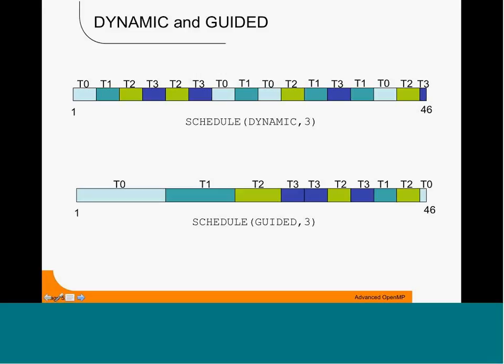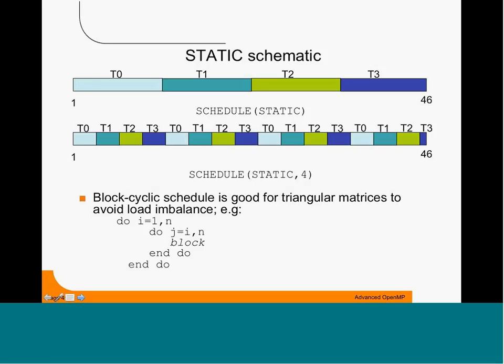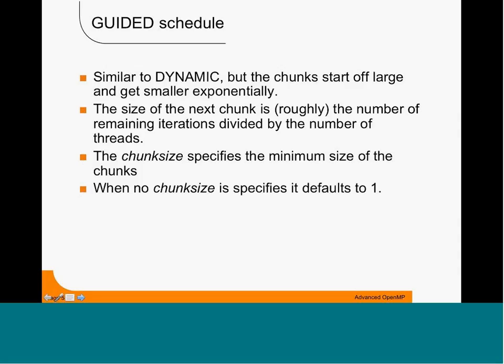So for the dynamic, let's say it is finishing the first chunk, T1, T2, and T3, and so on. T2 and T3 are repeating more than T0 because those threads are faster than T0. In static, you see T0, 1, 2, 3, 0, 1, 2, 3, because we assume each thread takes the same amount of time.